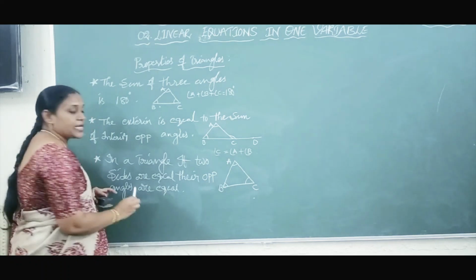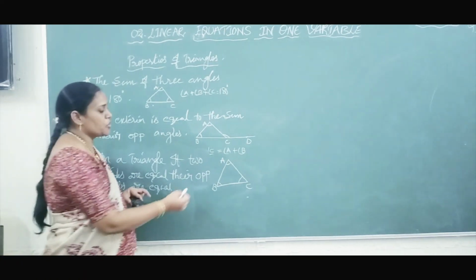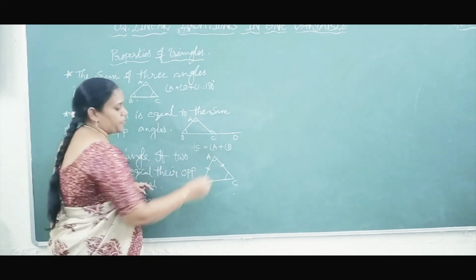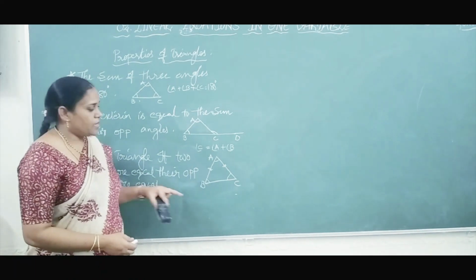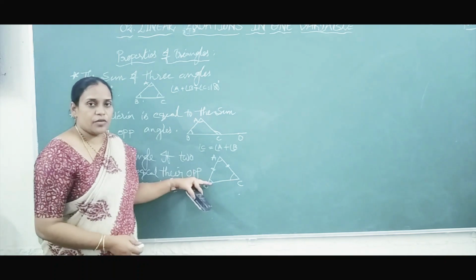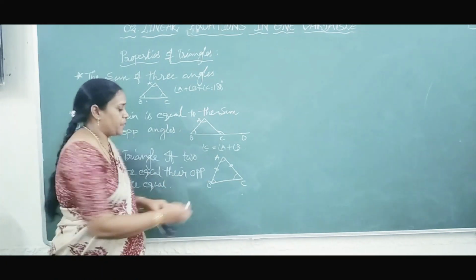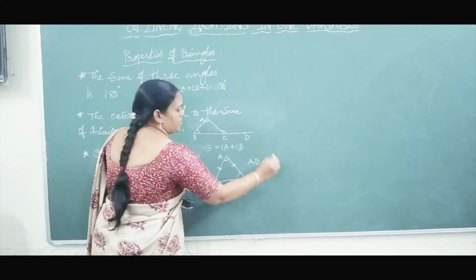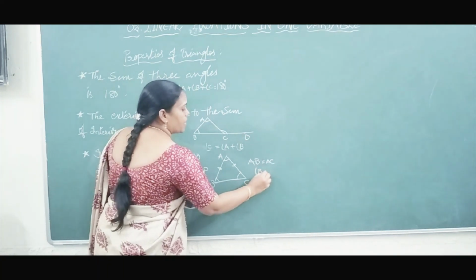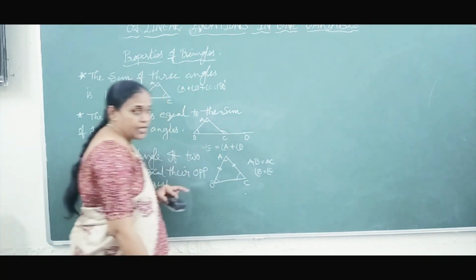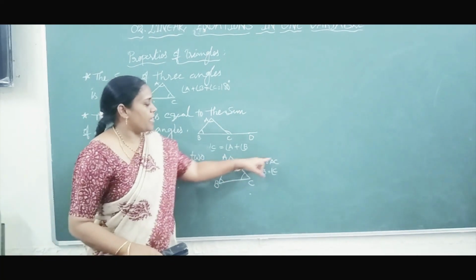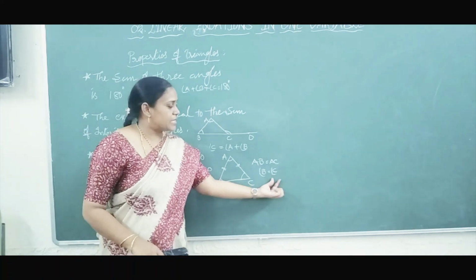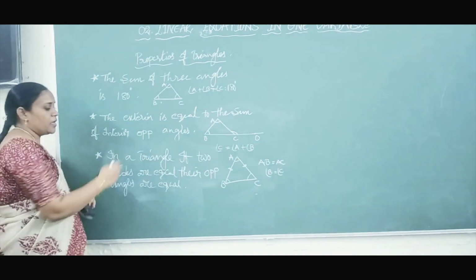If two sides are equal, their opposite angles are equal. If we take AB equal to AC, then angle B equals angle C. That is, if AB equals AC, what do we get? Angle B equals angle C. This is our third property.